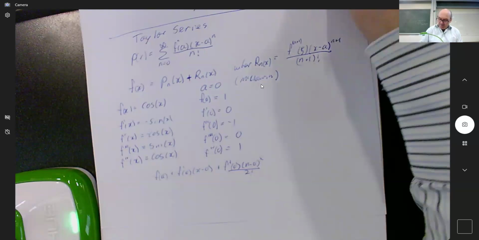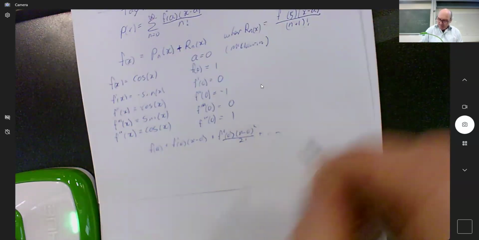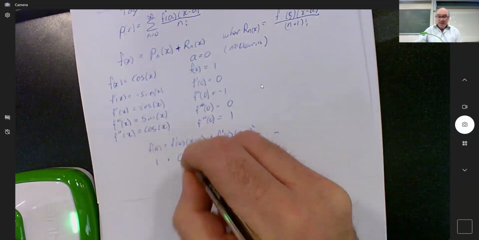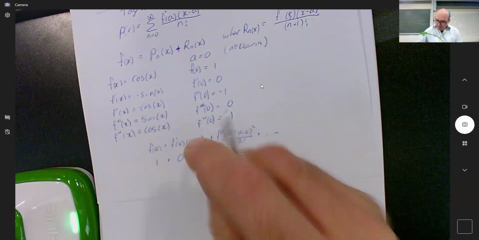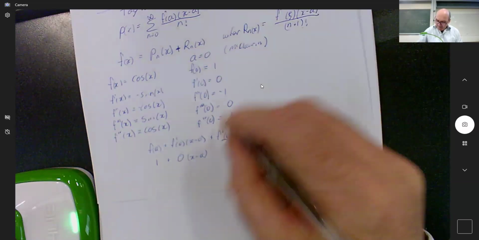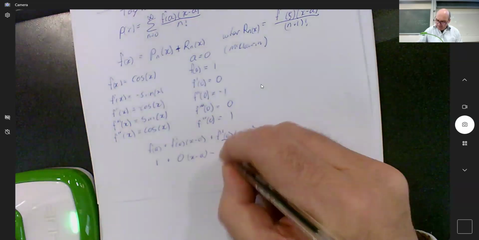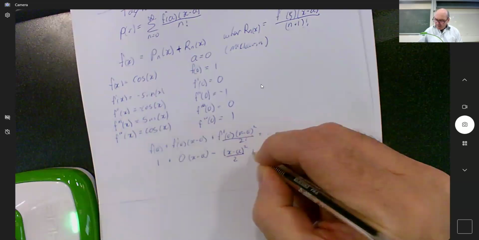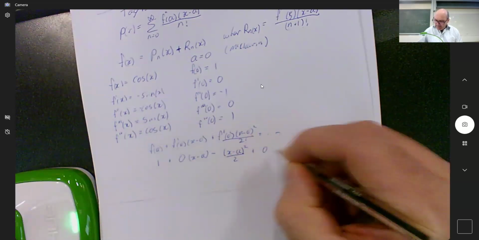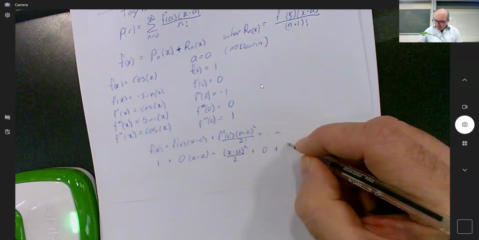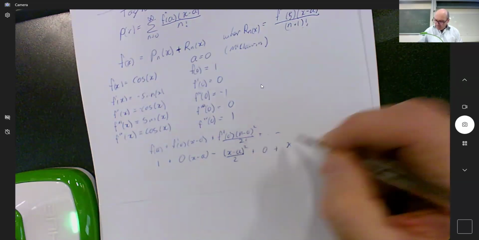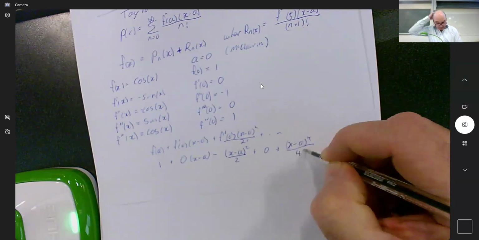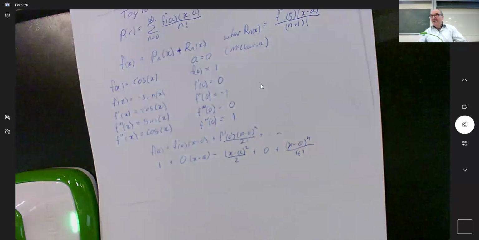So this number is 1, plus this number is 0. This number is minus 1 times x minus a whole squared on 2, plus something that's 0, plus the 1 again, x minus a to the power 4 on 4 factorial. Now there's a bit of an art to working out how these things go.